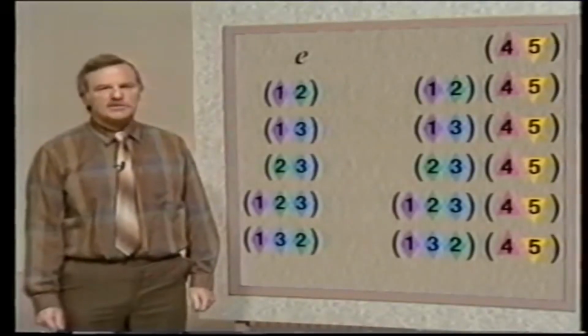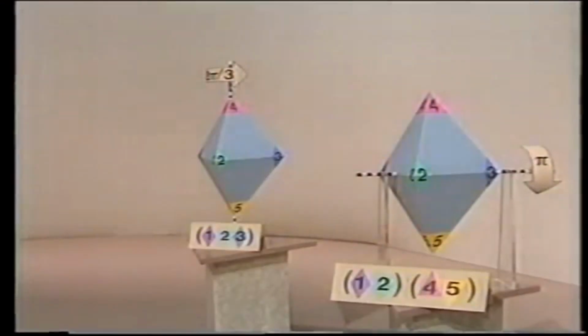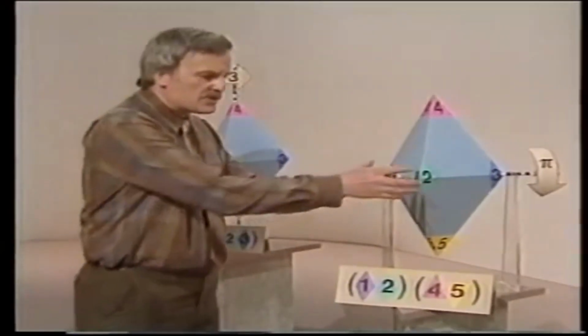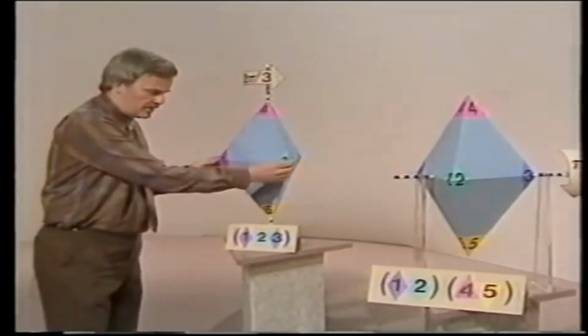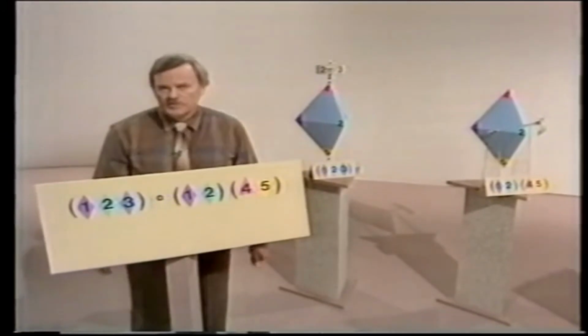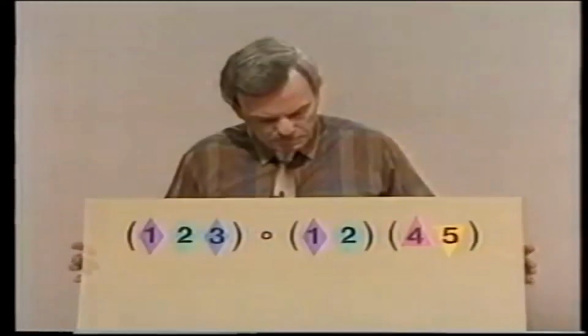We can now use the permutations to discover facts about the geometrical group. For instance, suppose we want to determine the composition of this rotation followed by this one. Well, rather than stretching our visual imagination, let's just compose the corresponding permutations.